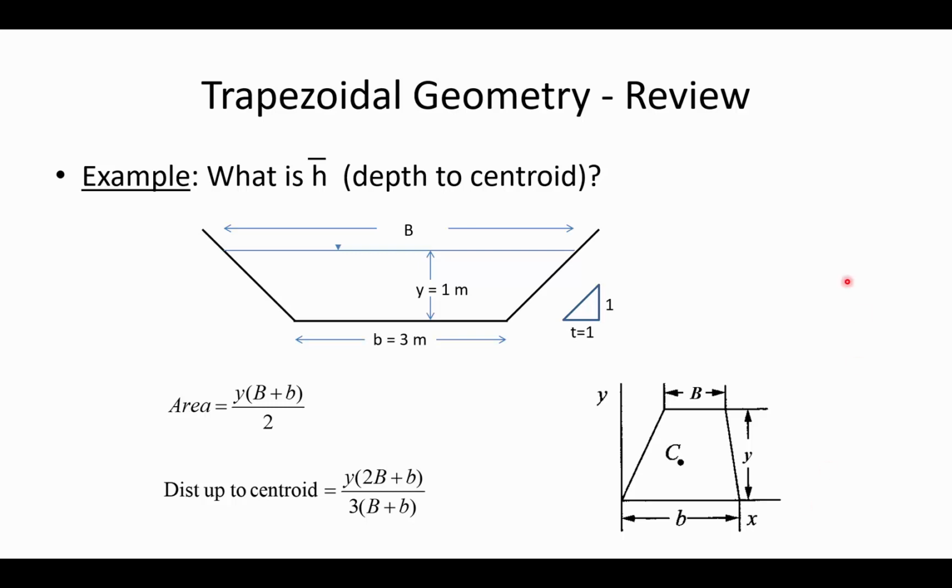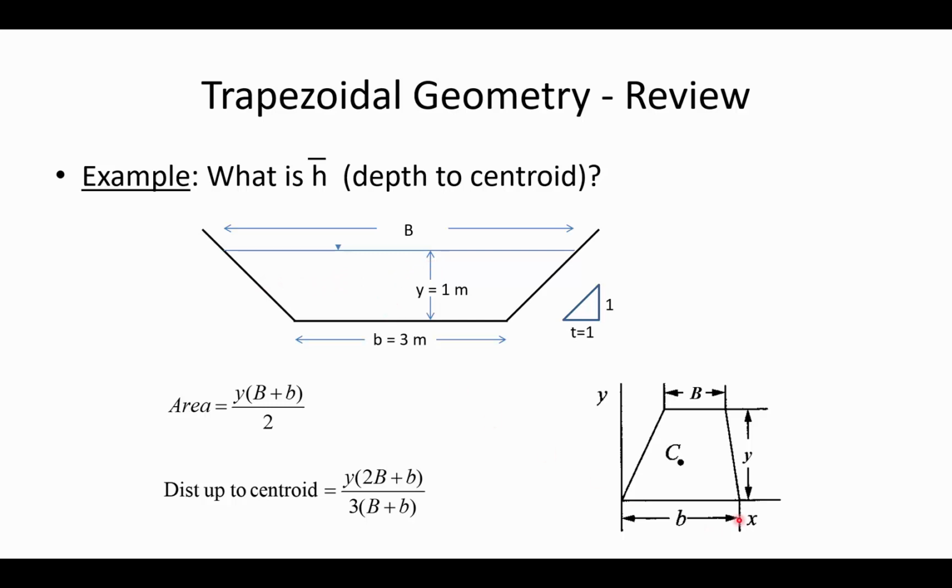For a rectangular channel, like the example that we drew up in Excel on Friday last week, it was easy because h bar was just half of the depth. But in a trapezoidal channel, h bar isn't going to be half the depth. Consider this. The center of area is going to be above the halfway point because more of the area is in the top half than in the bottom half.